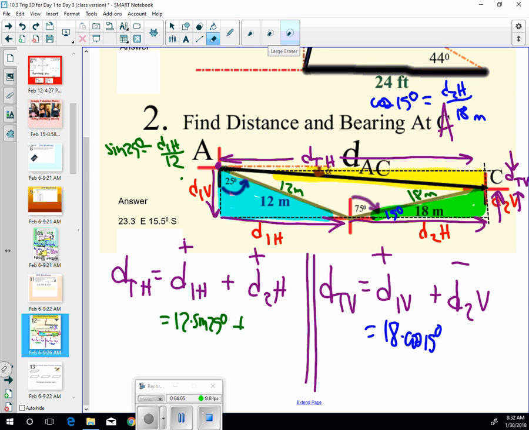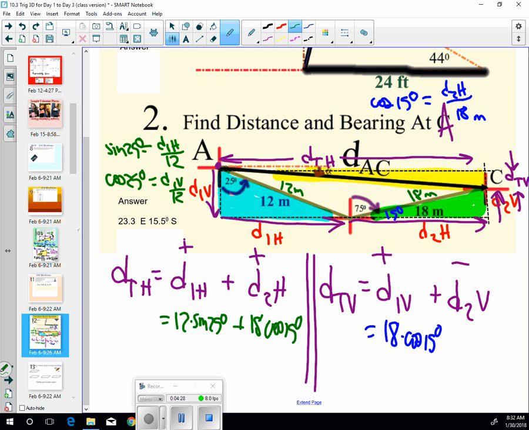Well, we can leave it that way. This will be the vertical. So the vertical is going to be plus, we did the cosine. I feel like I did something wrong here. I did. I put this one in the wrong spot. This should be plus 18 cosine 15. Excuse me. And now we're ready to do the vertical.